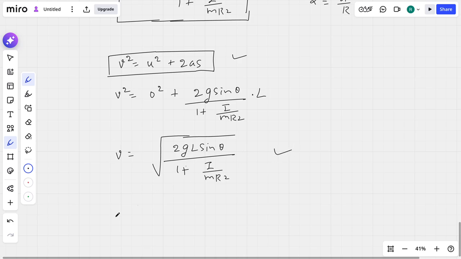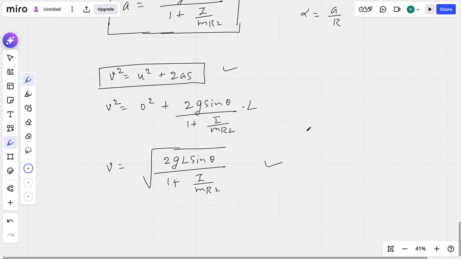This is our final velocity when the rolling body reaches the bottom of the incline. Here we can see that v square is proportional to sin theta. In most problems we can use this relation to find quick results if the problem is based on this pattern.